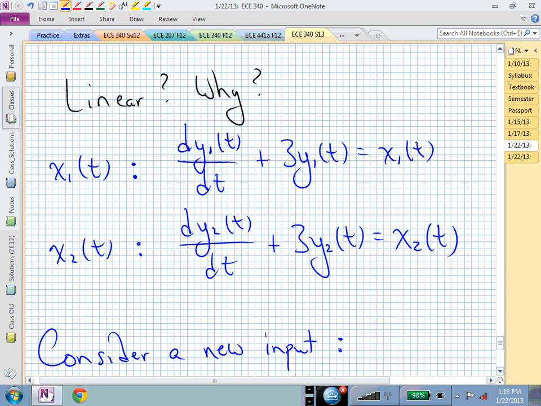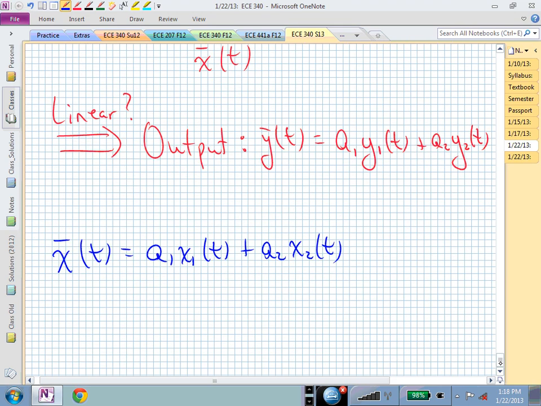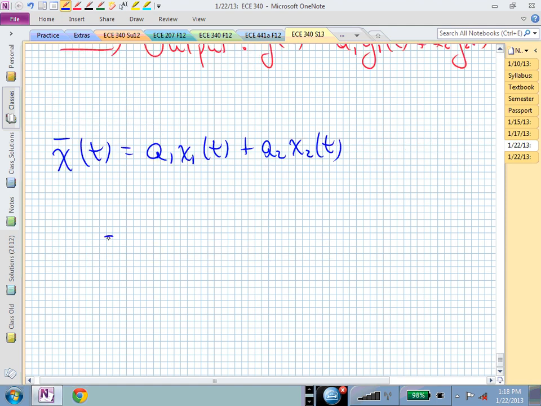By definition. If that produces the output y1 and y1 satisfies this differential equation, then anywhere I see an x1, I can replace it with that relationship. I can now say this is equal to a sub 1 times dy1 of t dt plus 3y1 of t.